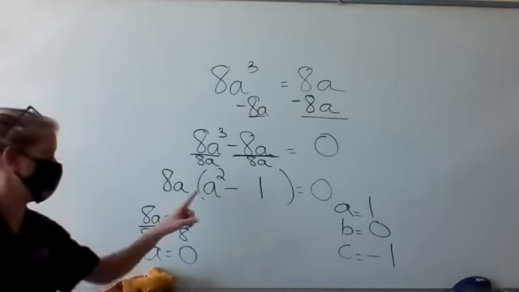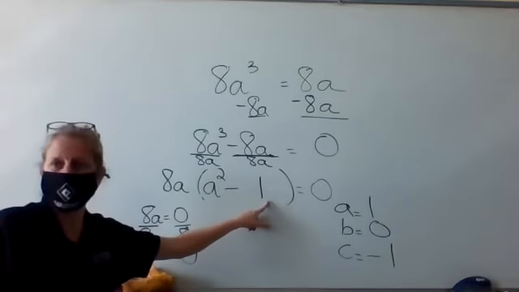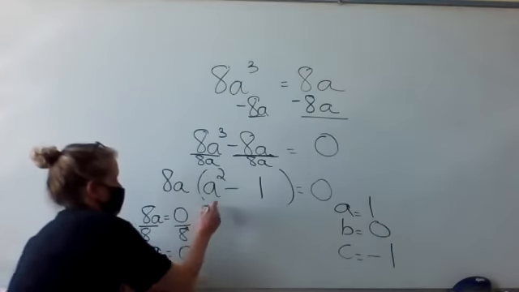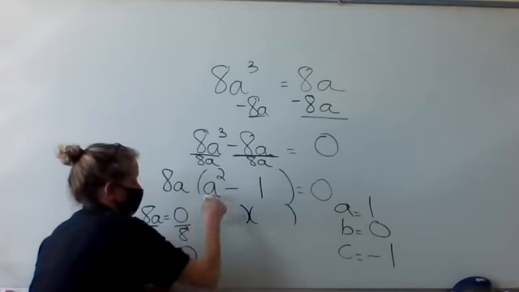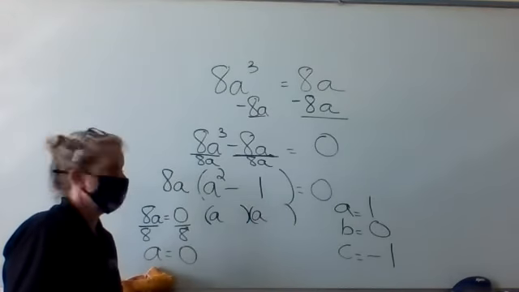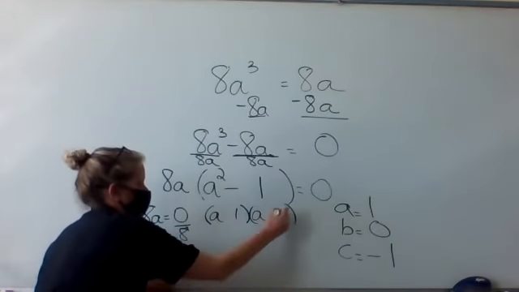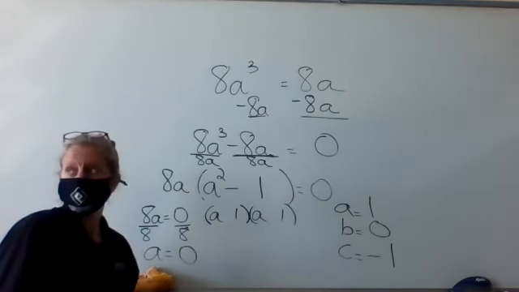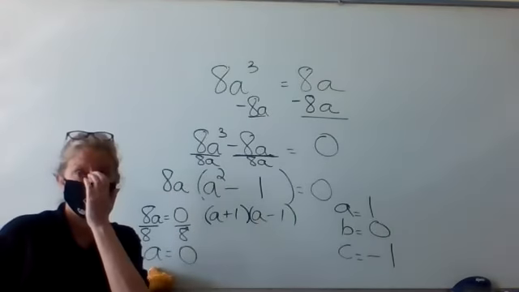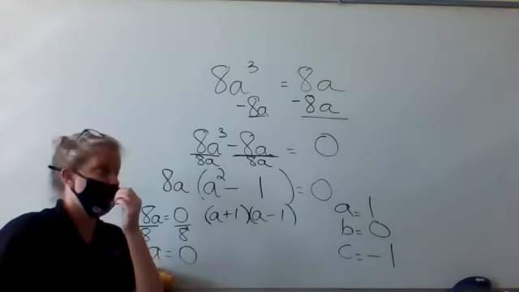Now this one actually is not too bad to factor. It's a difference of squares. Right? 1's a perfect square. Which means if I factored this again, I'd do a and a for a squared. To get 1, I need to do 1 times 1. 1's positive, 1's negative. So there's your factors.